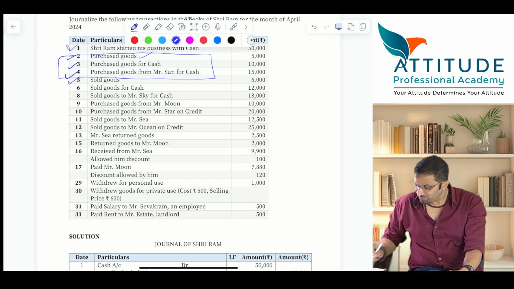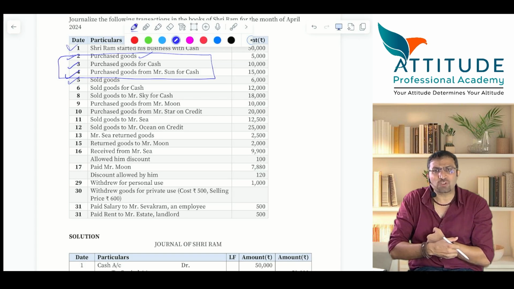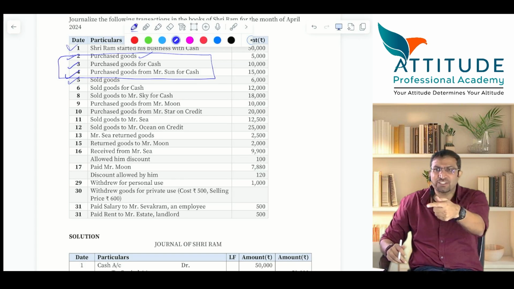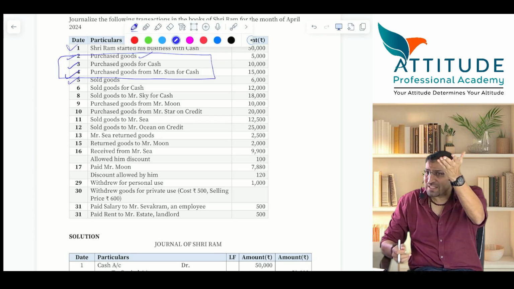Obviously, the name is not given. Whether it is cash or credit is also not given. So it has to be cash basis. Now goods are sold and you get cash. Ask yourself a question: in your business, what do you get? Cash. And this cash balance increases. Correct?